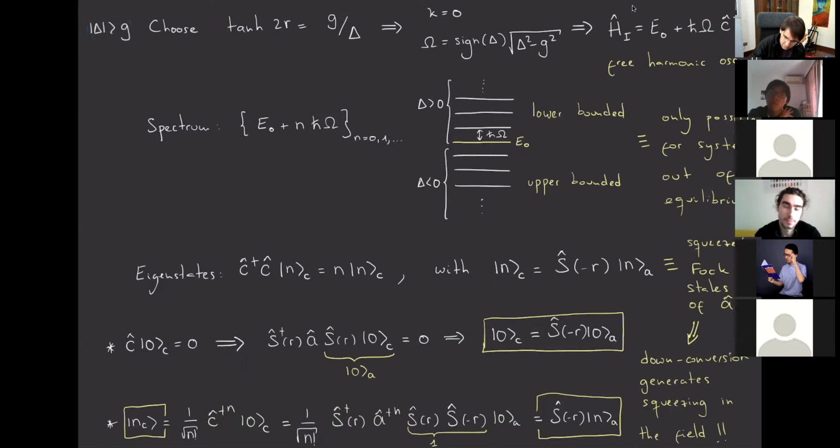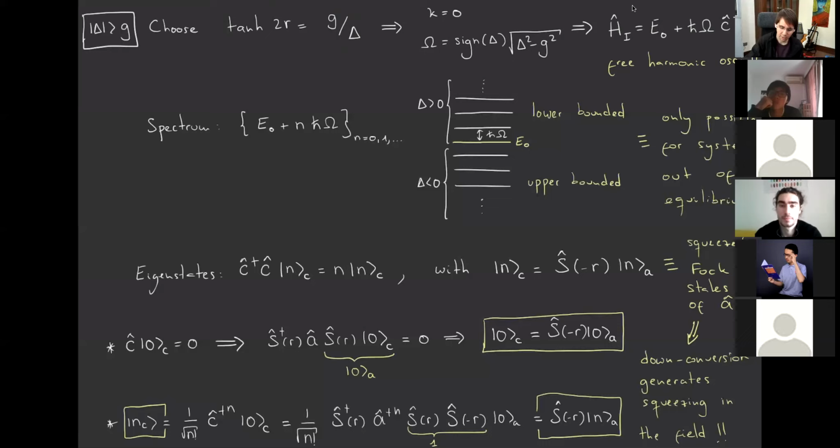So let me make it clear. You see here that this is a hyperbolic tangent. The hyperbolic tangent is always bounded by -1 and 1 because it's the sine divided by the cosine. The cosine is always larger than the sine, I mean the hyperbolic ones.